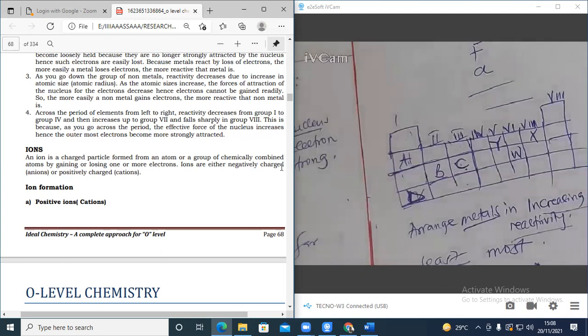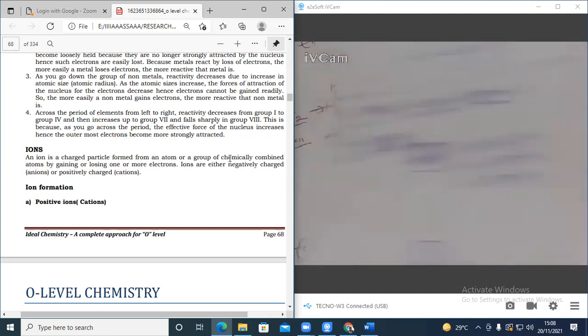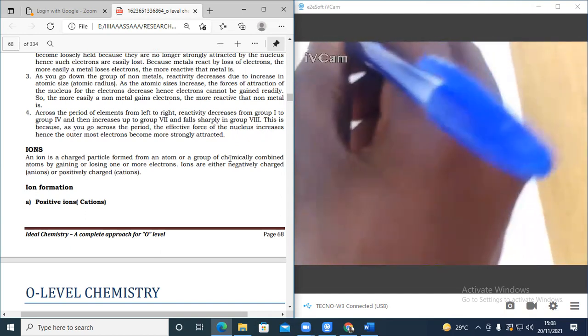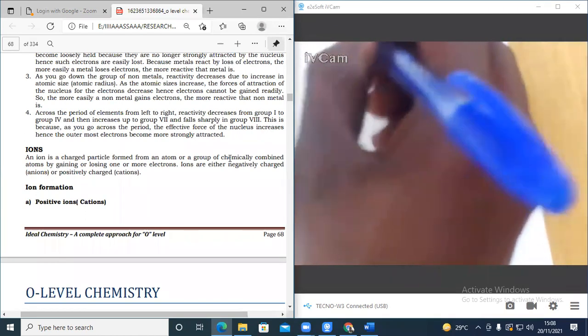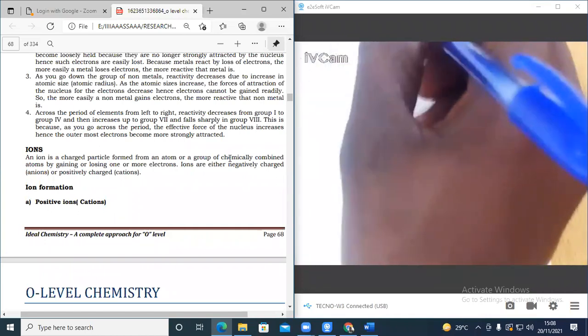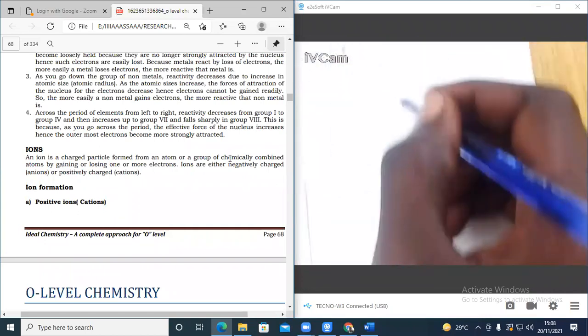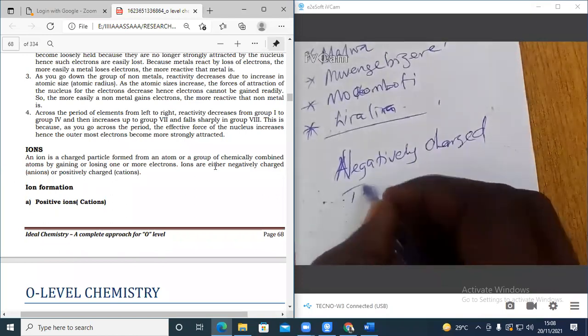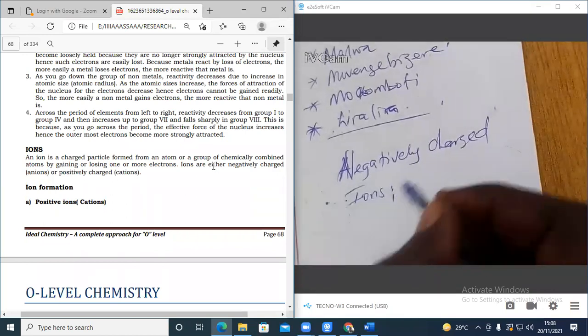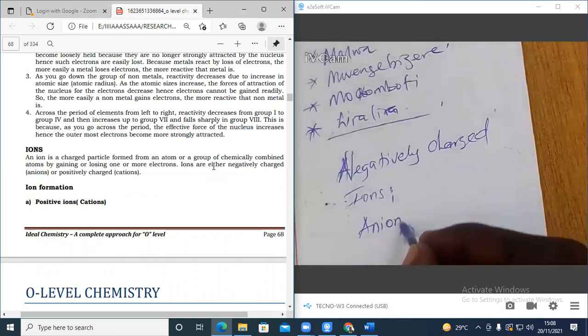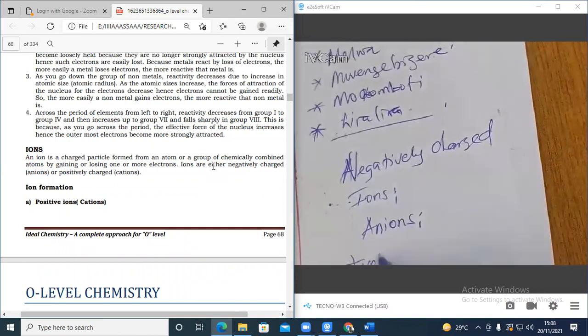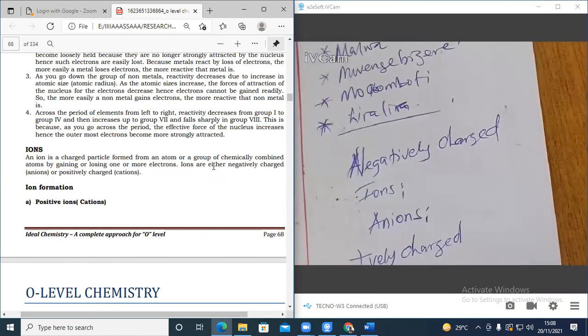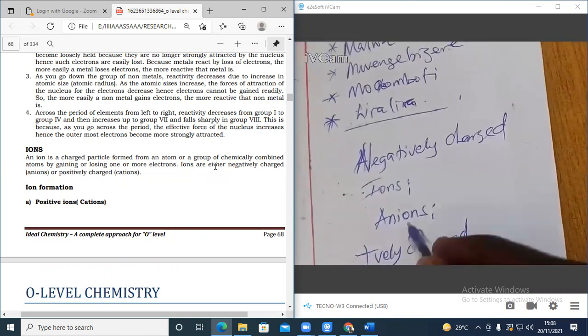Ions are either negatively charged or positively charged. Negatively charged ions are called anions. Positively charged ions are called cations. Okay?